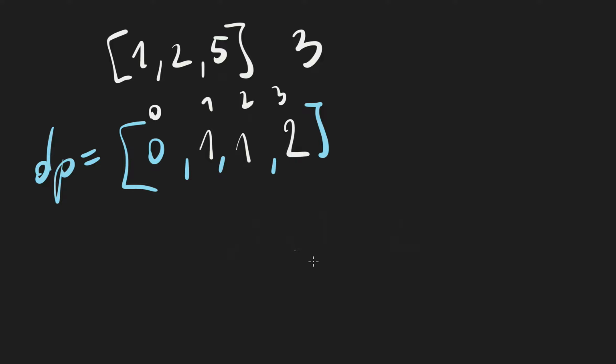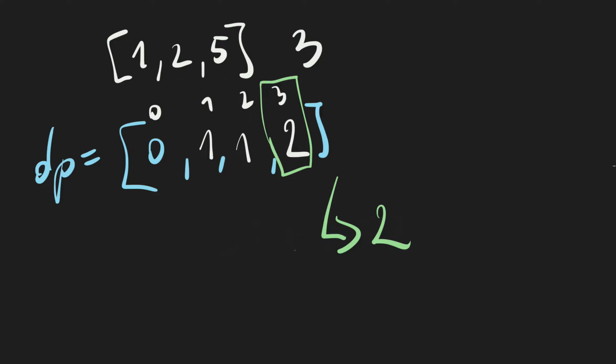The second one is coin 2. 3 minus 2 is 1, so we have a remainder of 1. Look at this entry: we take 1 coin of 2 plus 1 coin, so 1 plus 1 is 2. It's not better than this one, so we leave it be. And we skip the 5. The final thing we need to do is return the last element. So we return 2 coins.